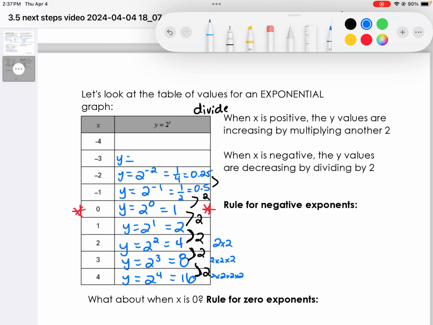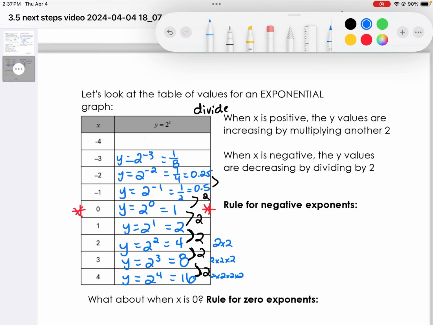If we do 2 to the power of -3, without even putting it in my calculator, I'm going to look at the bottom half. We went 2, then we went 4, then we went 8. So when the exponent becomes negative, if we have 1/2, then 1/4, I bet this is going to be 1/8.